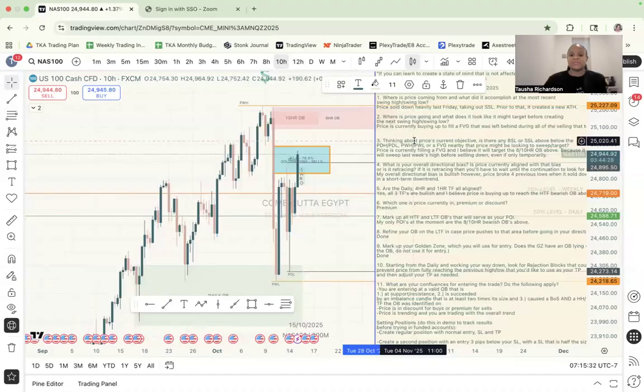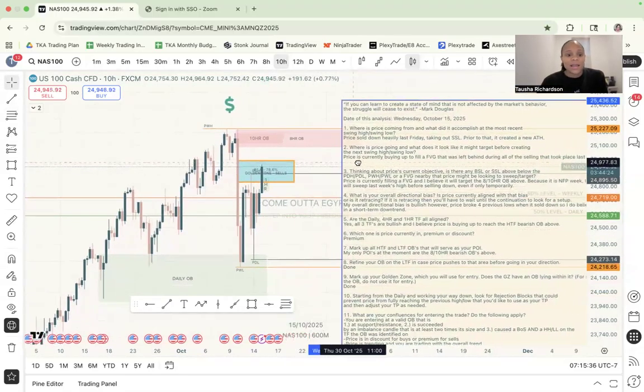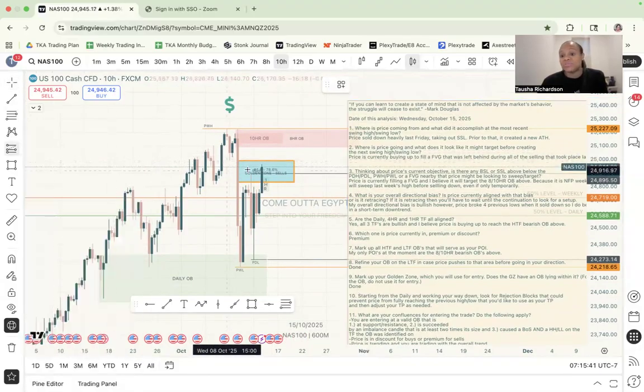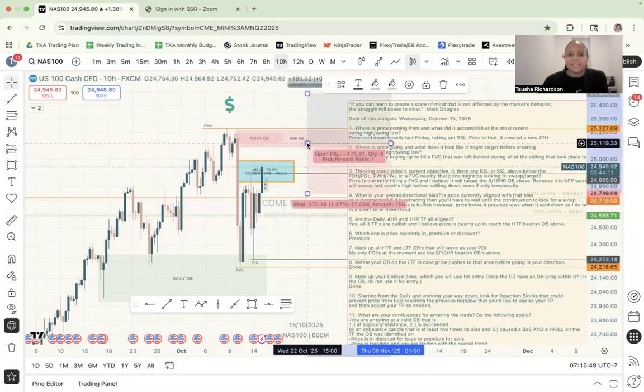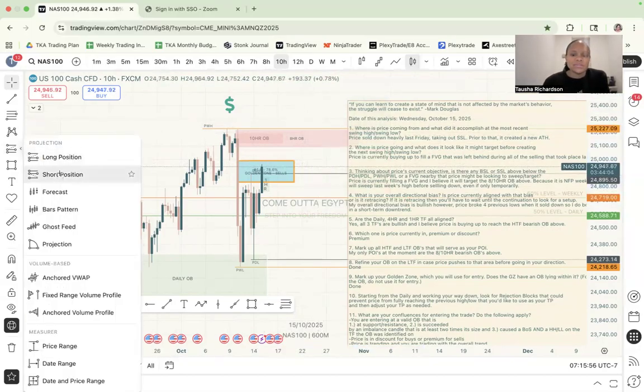But because the circumstances are what they are, I honestly would just target 200 pips at the very most. At the very most. And I'm going to go ahead and set my entry at the bottom of the 10-hour order block. Oops, I got the wrong position sizing tool. Okay.